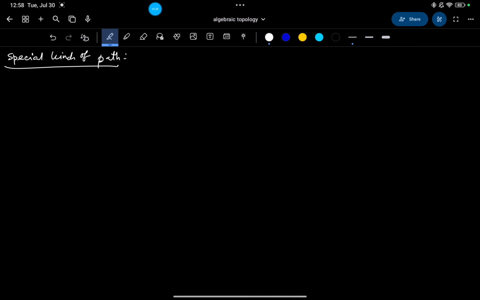One kind of path you can think of is a loop, right?